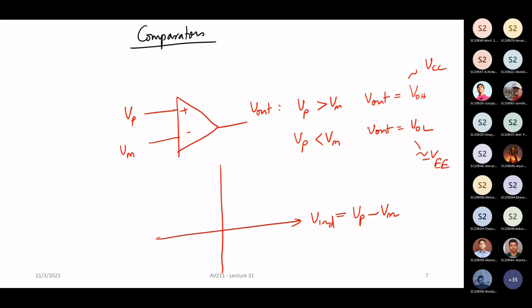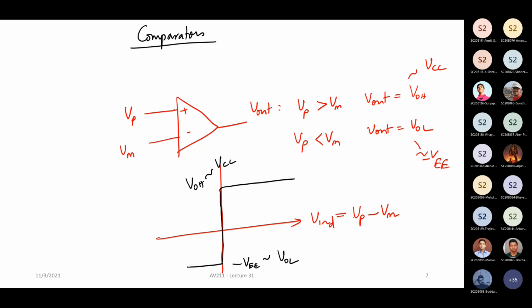For Vp less than Vm, you're going to have minus VEE, which is approximately equal to what is called VOL, the voltage which corresponds to a logic low. Now, at 0, you have a discontinuity, and then for Vp greater than Vm, you have VOH, which is approximately VCC. This is the behavior of a comparator.